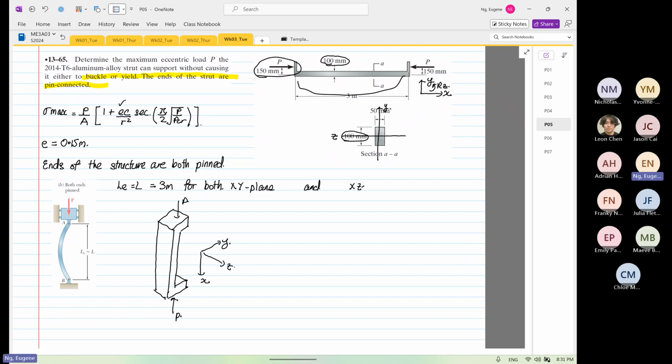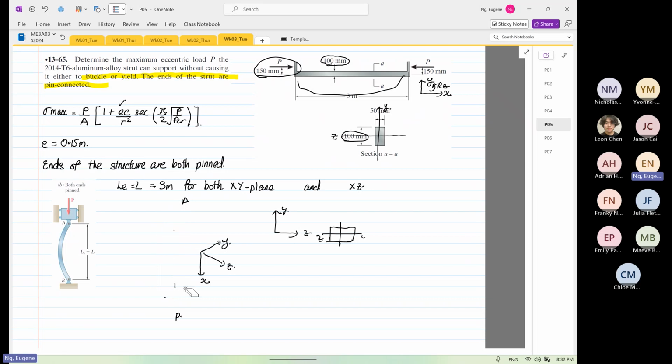If I view on the side, on the YX plane, if I view Y and Z down here, and if we were to draw this cross section, the cross section will look like this. So this is my Z. So I've drawn my cross section wrongly.